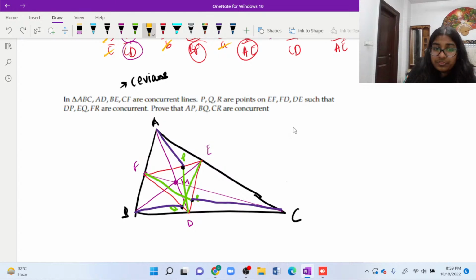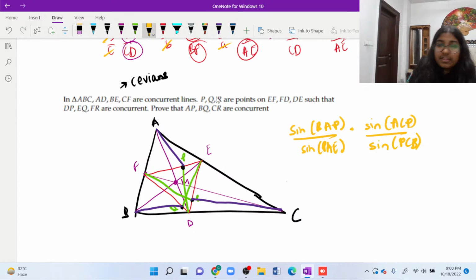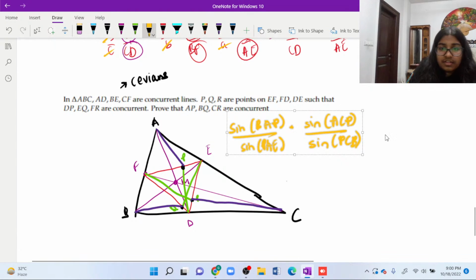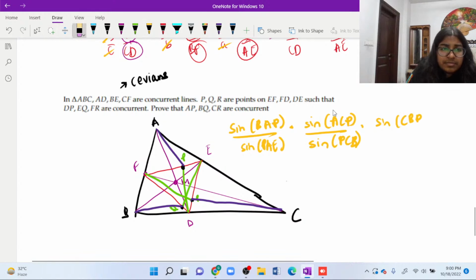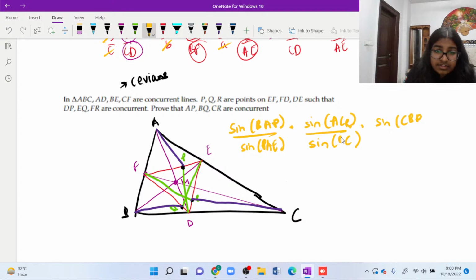So technically we just need to prove that sine of BAP by sine of PAC times sine of ACR by sine of RCB times sine of CBQ by sine of QBA equals 1.